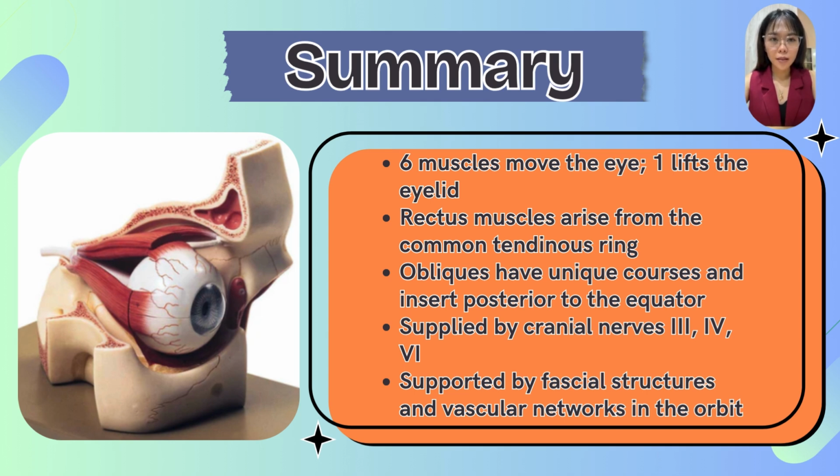The four rectus muscles all arise from a structure called the common tendinous ring, also known as the annulus of Zinn. The two oblique muscles, superior and inferior oblique, have unique paths and attach behind the midpoint of the eyeball, which helps the eye rotate. The muscles are controlled by three cranial nerves: cranial nerve 3, oculomotor; cranial nerve 4, trochlear; and cranial nerve 6, abducens.